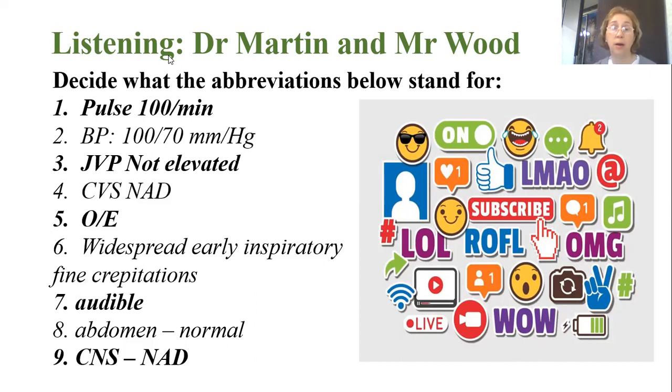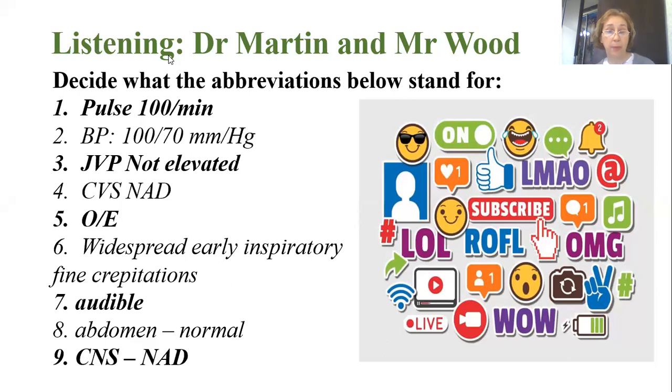Loud enough to be heard. Audible means that it's capable of being heard, in an audible voice. Okay, so it's about sounds.